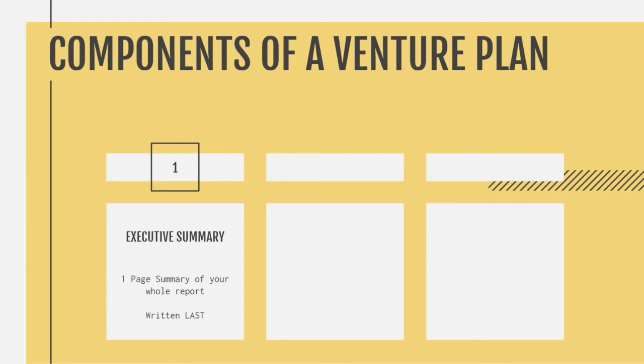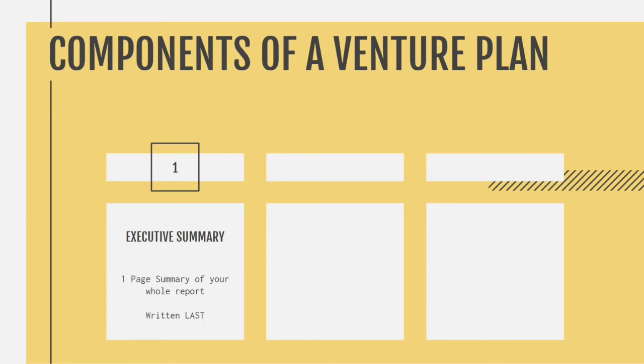Okay, you're going to go through, you're going to create your whole venture plan, you're going to go through all the details, and when you get to the end, you're then going to be able to more accurately summarize and list the most important details. The reason we have an executive summary, if we are being honest, is that most people that look at your venture plan may only look at this one page. Okay, it's kind of like an audition.